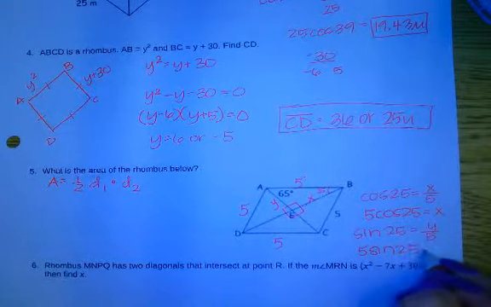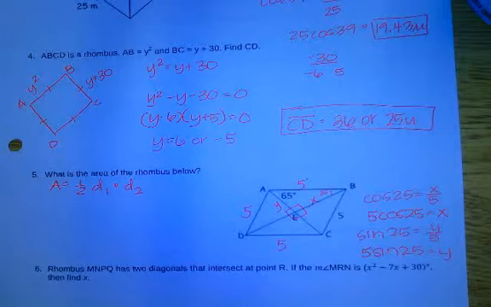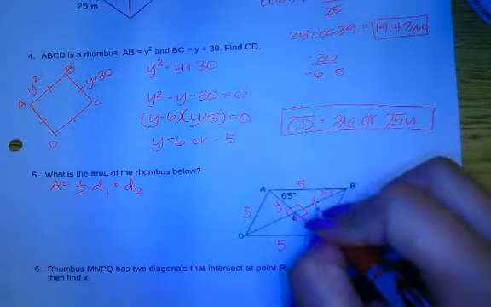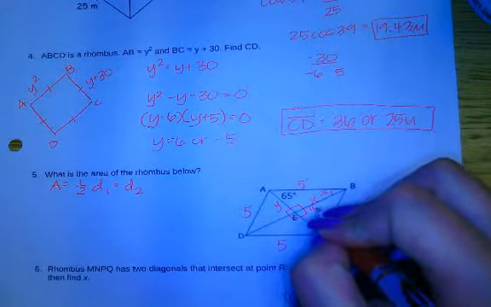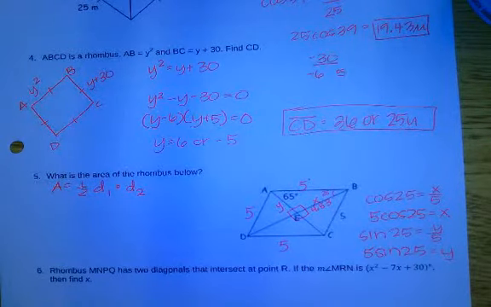Round to the nearest hundredth. 4.53 is x. You're just solving for area, so it doesn't matter which angle you use. You could use 65 and get the same answers.